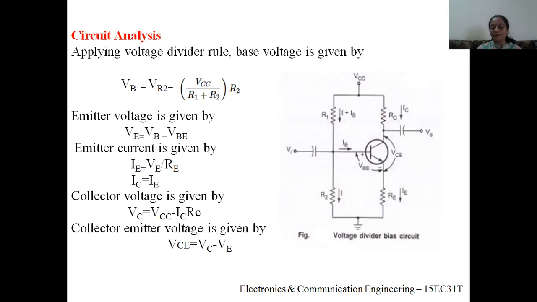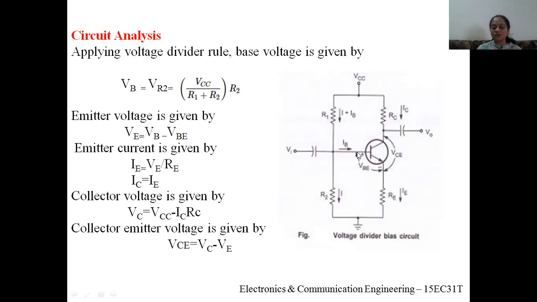So RE provides stabilization: if the collector current changes, the base emitter voltage will change. Biasing is provided by R1 and R2, and RE provides the stabilization. Now the circuit analysis. In this circuit, VCC is applied through R1 and R2, and the center of R1 and R2 is connected to the base.